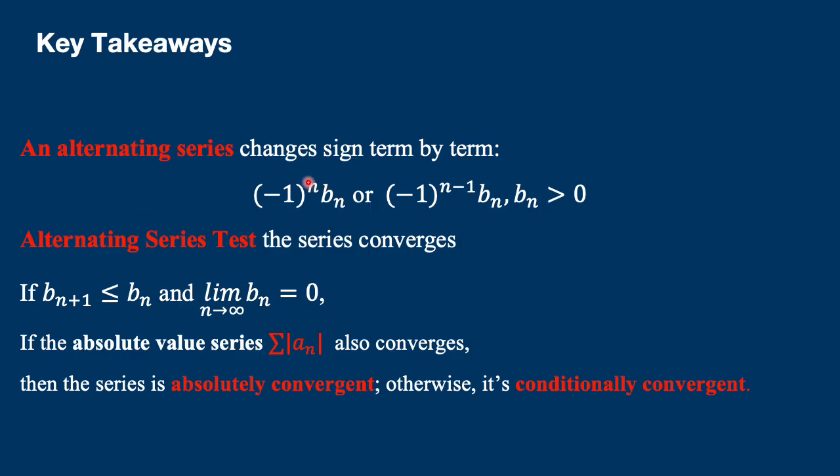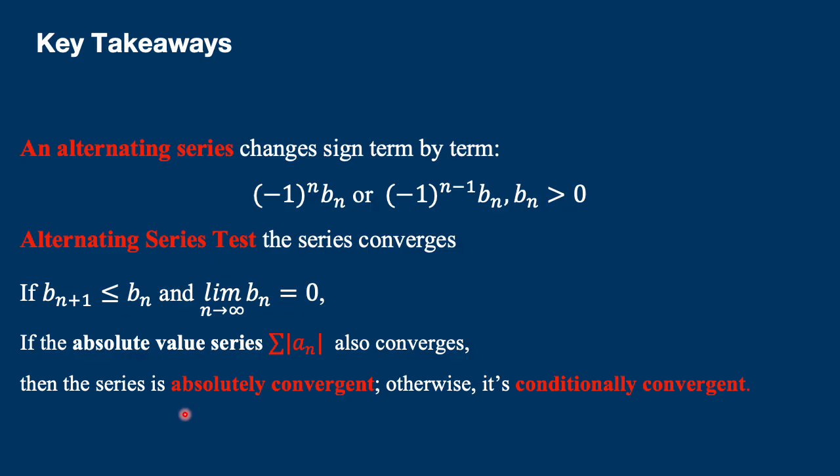Then when you recognize the series as alternating, you use the alternating series test. If the limit of b_n is not 0, you say it diverges. But if the limit of b_n is 0 and b_n is decreasing, then you say it converges.